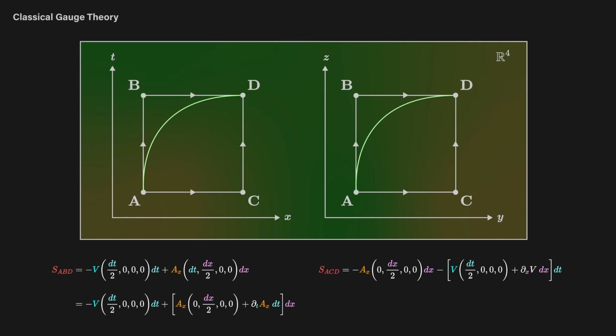Because what that means is that we can then see through the principle of stationary action that the particle will take a path that's sort of in the middle of these two, right? So you can imagine a particle takes a path from ABD and ACD. The path ABD has a lower amount of action than the path ACD.